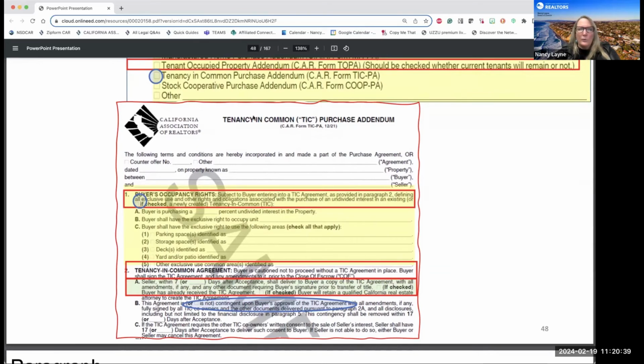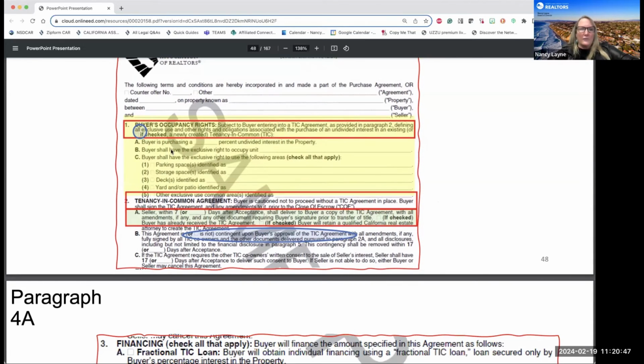Tenancy in common, by the way, is actually becoming more uncommon now. So there's an entire form which clarifies. There's a lot more of this, for example, with condos. We're seeing people buying things as tenancy in common, and this clarifies who owns what.